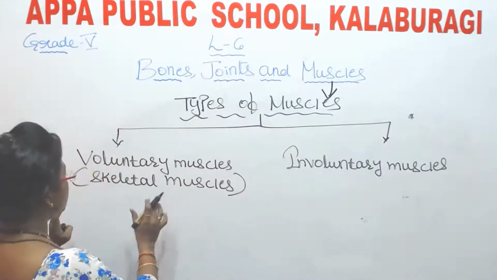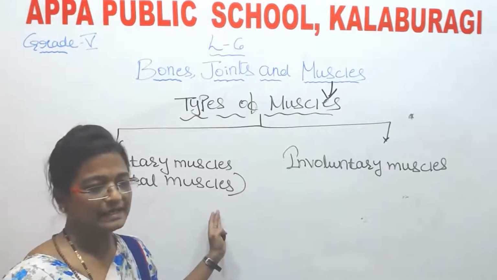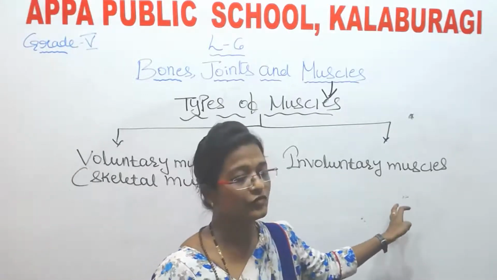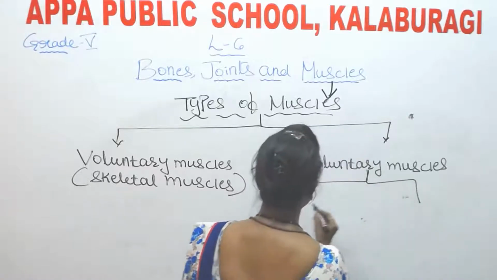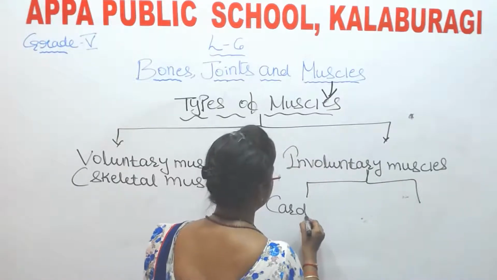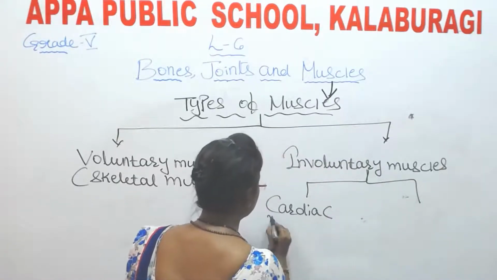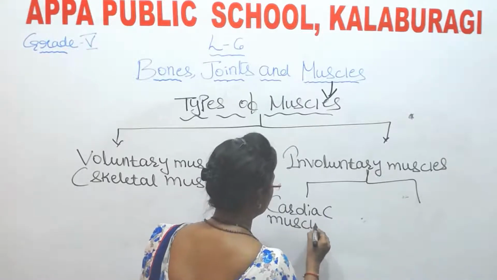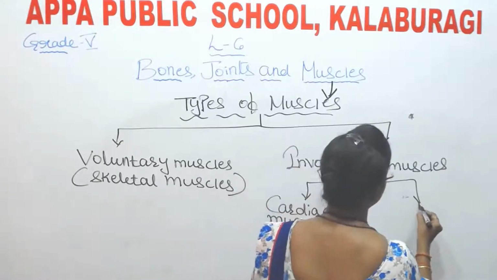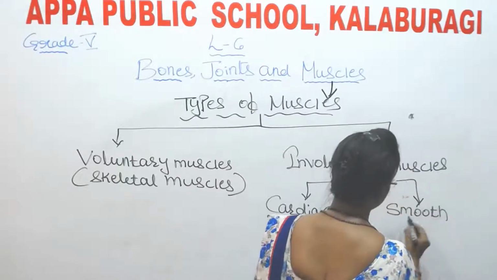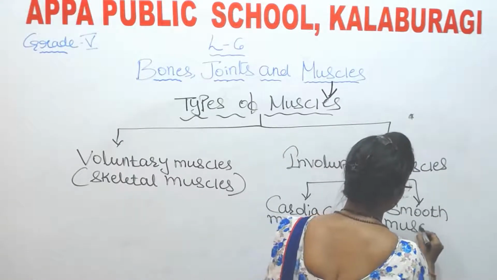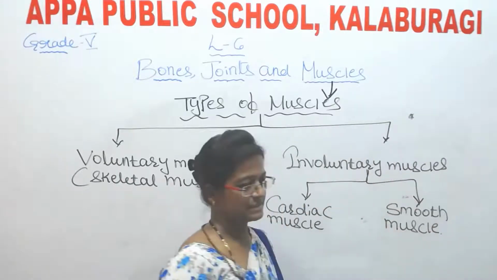Voluntary muscles are also called skeletal muscles, and involuntary muscles are again divided into cardiac muscle and smooth muscle.